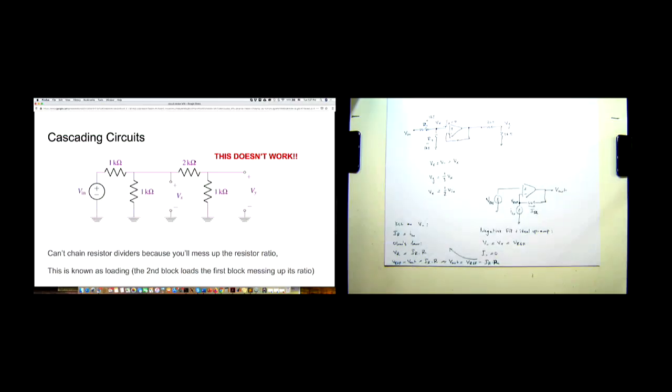Does that make sense? Well, I guess, what is load in the context of that previous problem where you wanted to implement that 1/2, 1/4, those 2 circuits? So what's load in this case? So in this case, this part loads this other part. The second divider loads the first divider, because we add it to this Vx node.